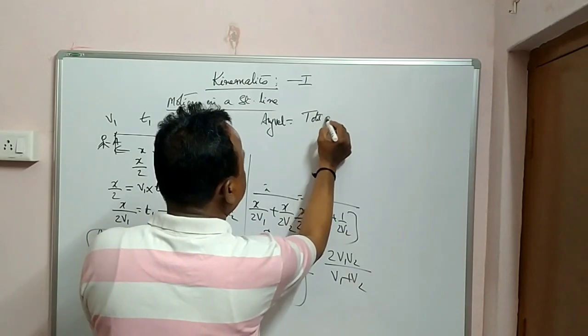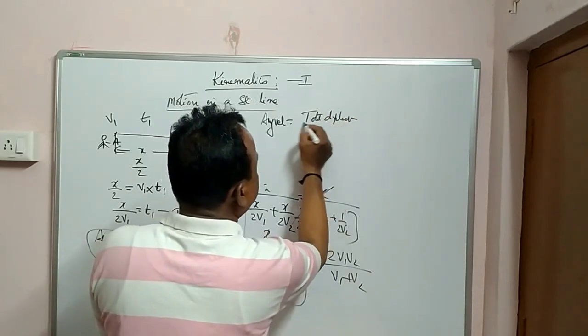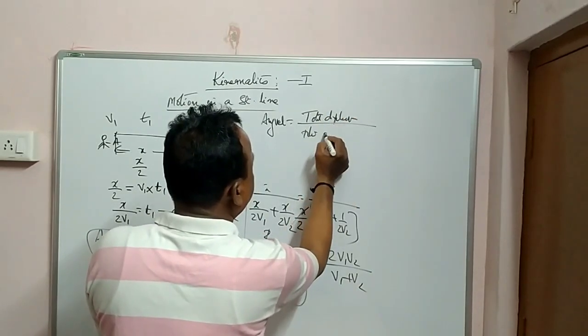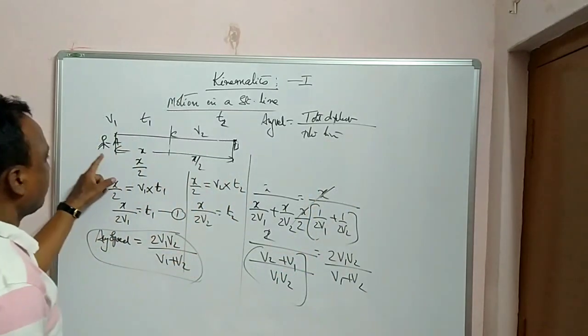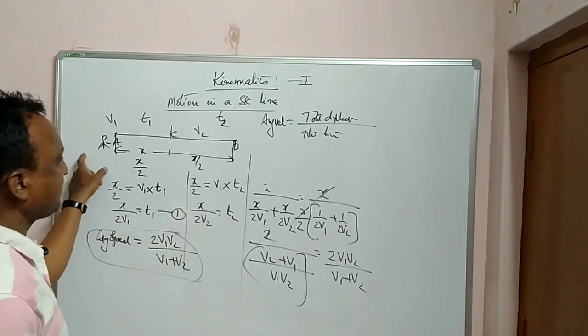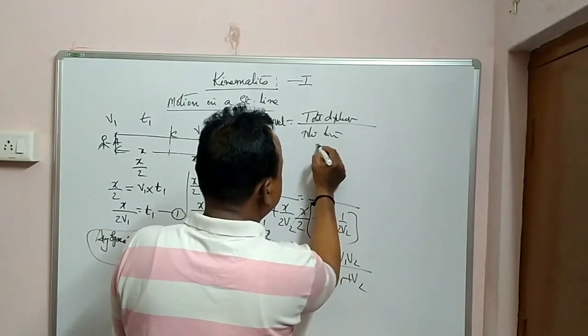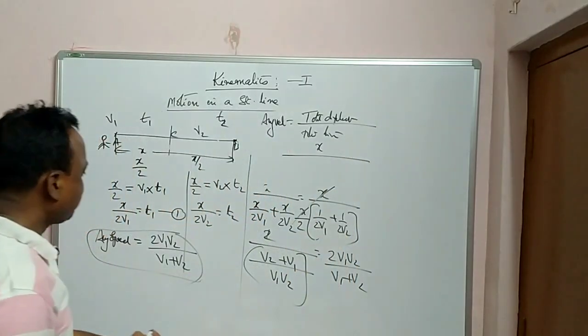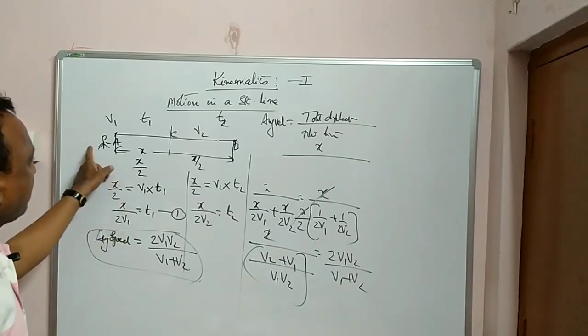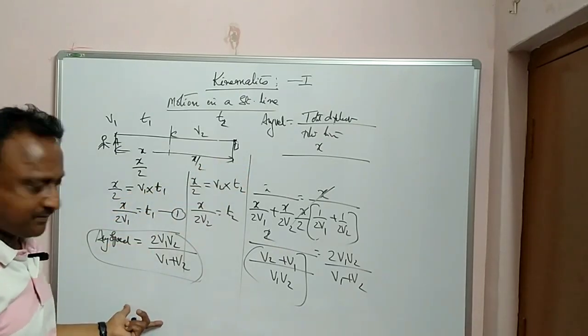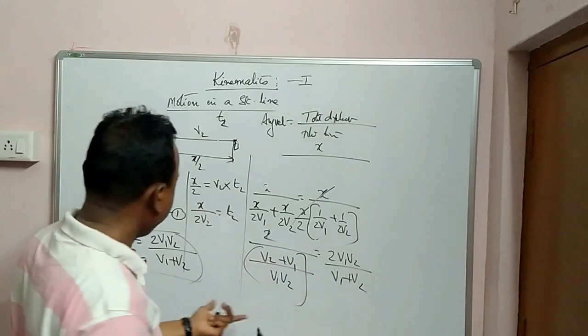Total displacement by total time. So from here to here, what was the total displacement? A to B, x only. What is the total displacement? A to B, x. And what is total time? It's the same thing, T1 plus T2.